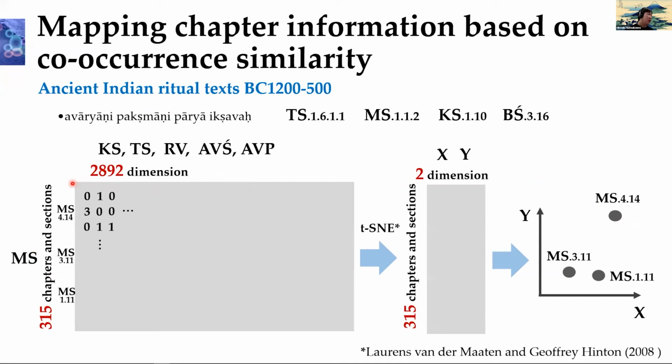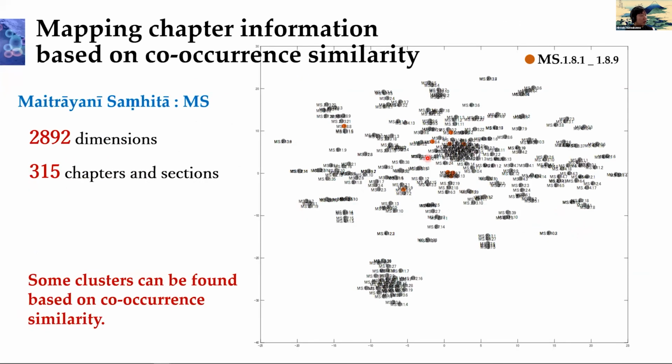So the data points, we have around 300 data points, and the dimension is around 3,000. Using this data, we can get this result.